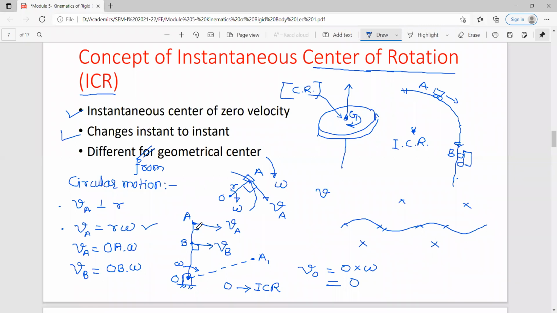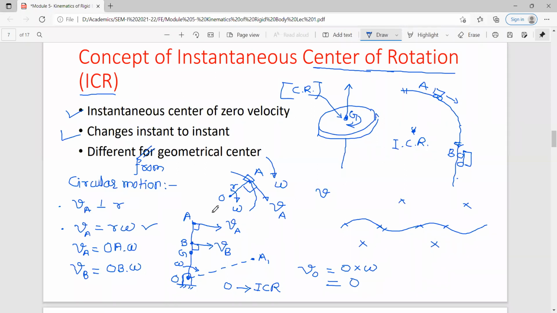But when you consider the rod, its CG point, the center of gravity, will be somewhere here. If you go by symmetry, it will be somewhere here in the middle of the length. So you note it down that the instantaneous center of rotation is different from the geometrical center of the body.